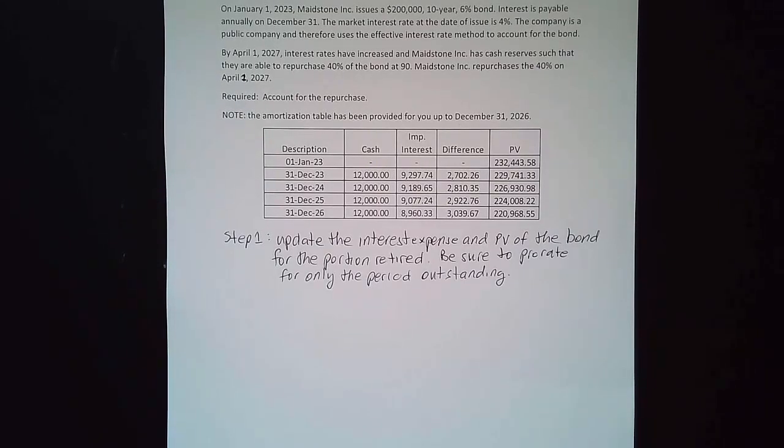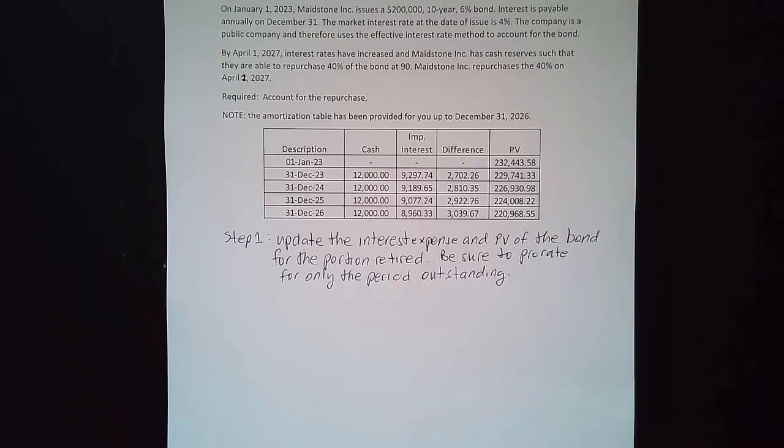So we're updating it for the portion that's actually being retired. We need to be careful to prorate for the period that was actually outstanding, which in this case is 3 months out of 12, because it's being retired on April 1st. And that for 2027 means that January, February, and March is the period of time for which we still owe interest.